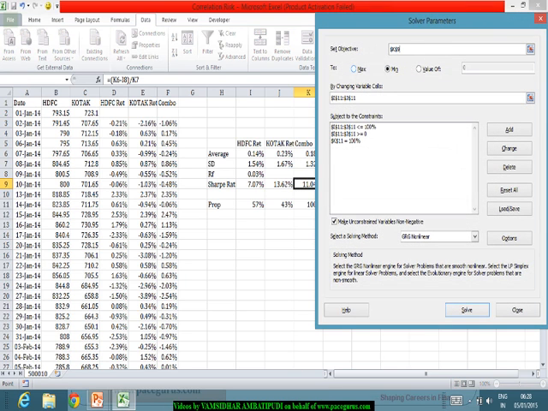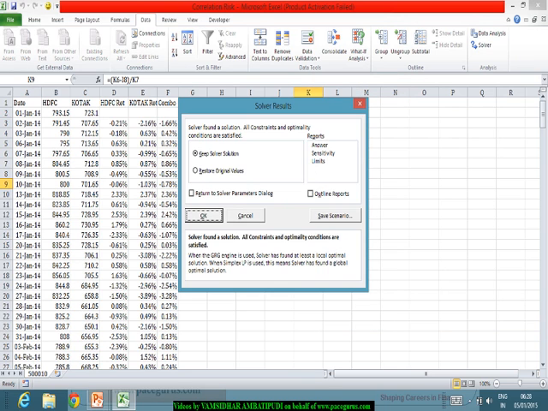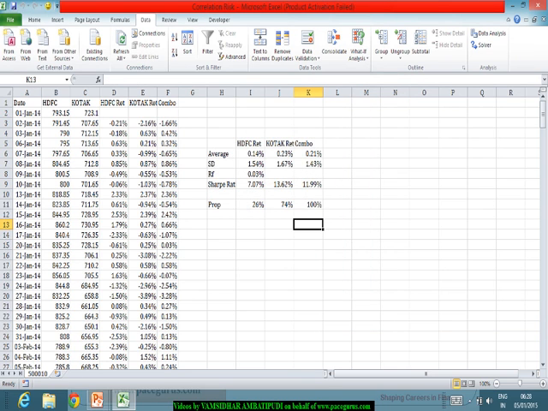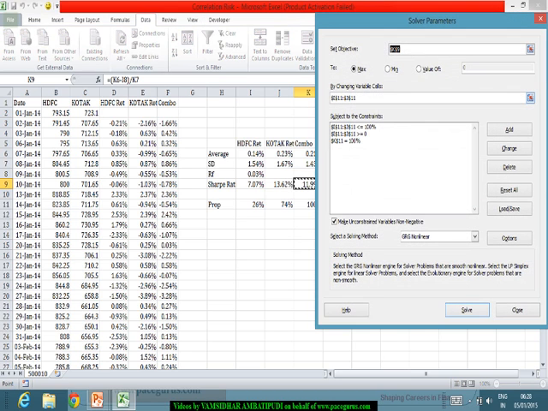When I am trying to solve this, maximizing this particular value, all it is saying is if I have to maximize the Sharpe ratio with this kind of a combination, I invest 26% in HDFC and 74% here, which is taking my Sharpe ratio. Let me try looking at it again. The Sharpe ratio needs to be maximized.